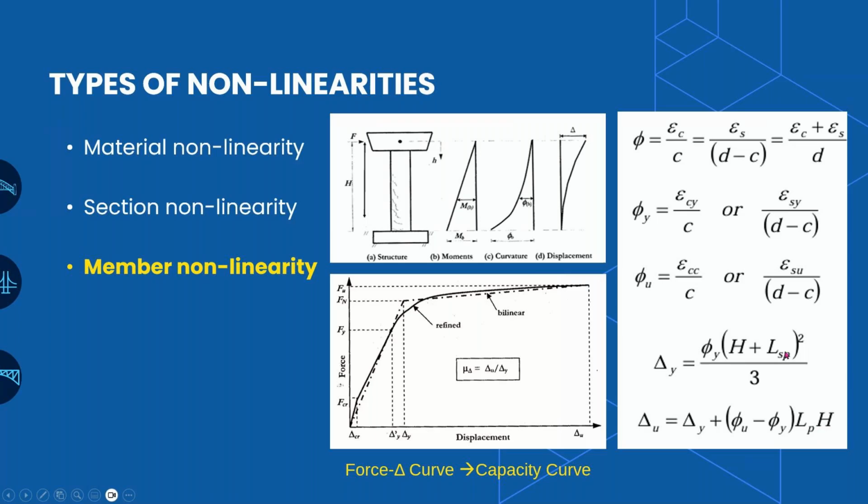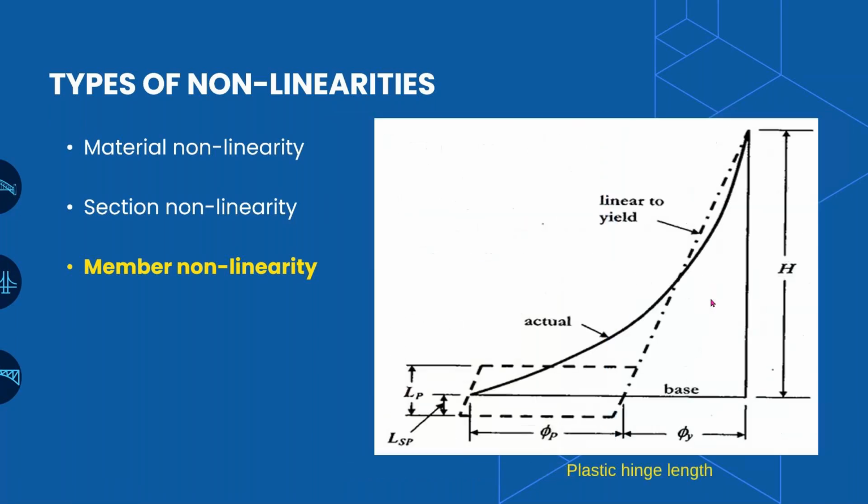The computation of the plastic hinge length is dependent upon the type of the section that we are using. Many authors have given different ways to compute the plastic hinge length.